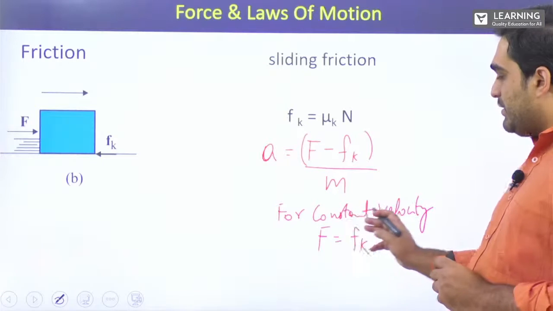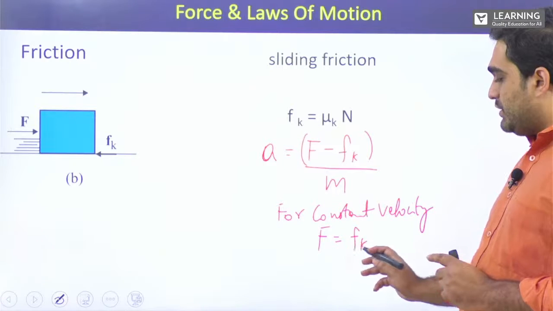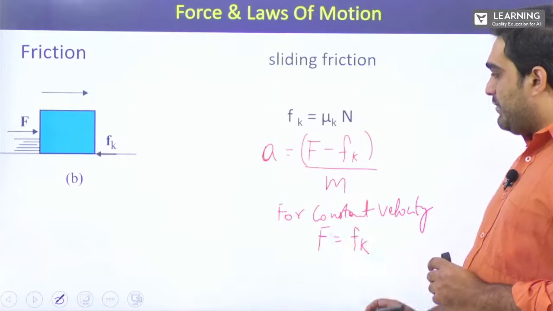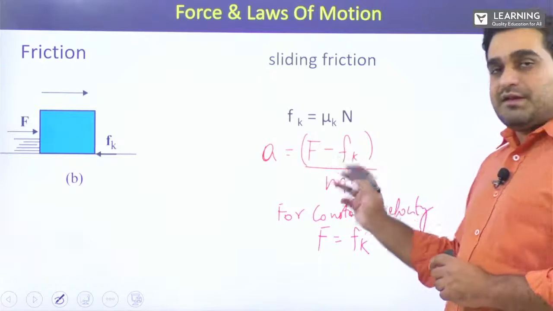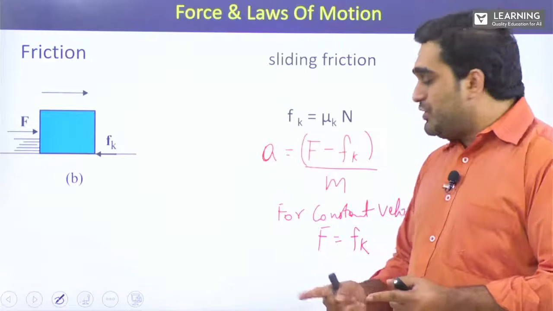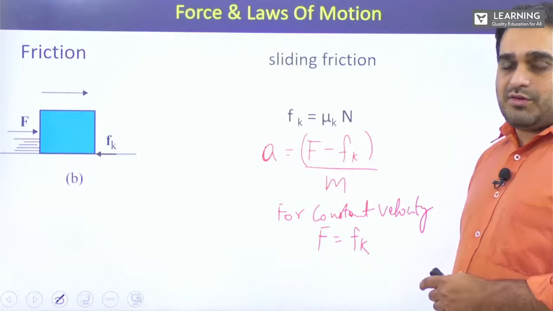This is the condition for constant velocity. Substituting, you get Fk minus Fk is 0, so the acceleration is 0, which is true for an object moving at a constant velocity.